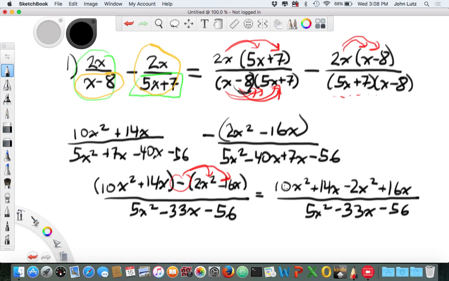So then, the 10x squared combines with the negative 2x squared to give you 8x squared. The 14x combines with the 16x to give you 30x. Okay? And then on the bottom you got 5x squared minus 33x minus 56. Okay, how many got that right? Ta-da! Everybody got it right. Yay! Okay, let's go ahead and do the next one.